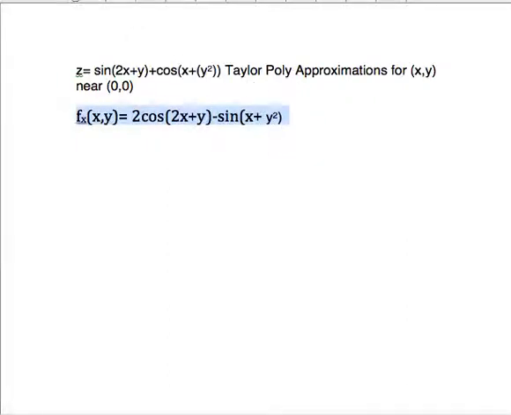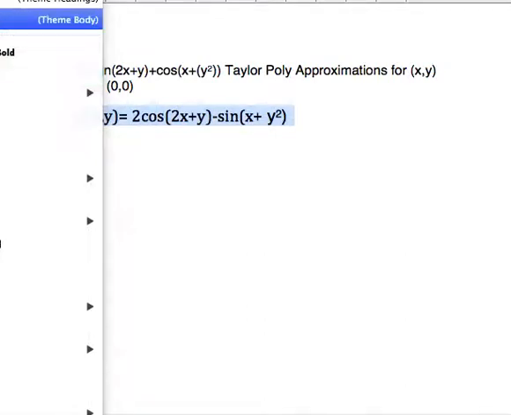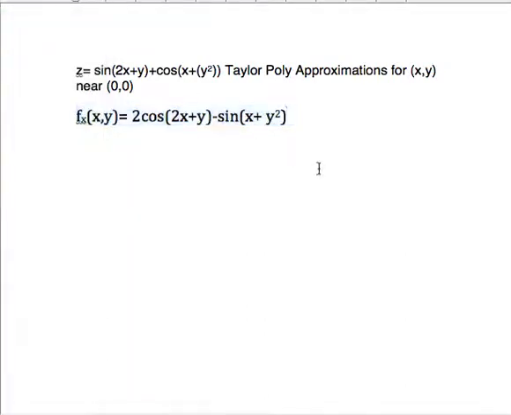I am just going to change this a bit, just wanted to make it clearer. So the next one we're going to do is take the partial derivative of the original function with respect to y. So this is the original function, and we're just going to take f of y. So f of y of x, y equals sine 2x plus y.